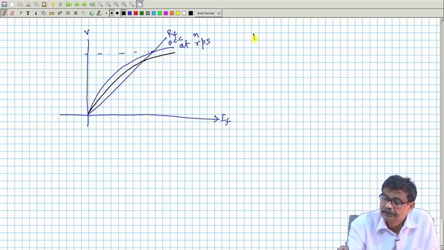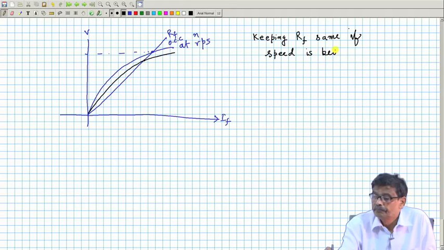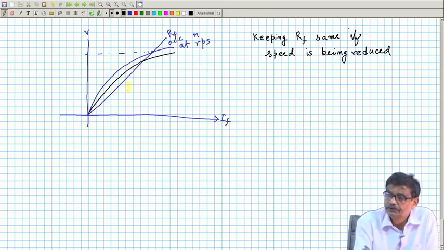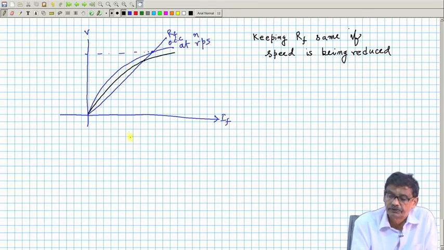Okay. Keeping RF same, if speed is being reduced, then OCC will be below this, because for a field current we know the ratio of speeds gives you the new voltage for a given field current.